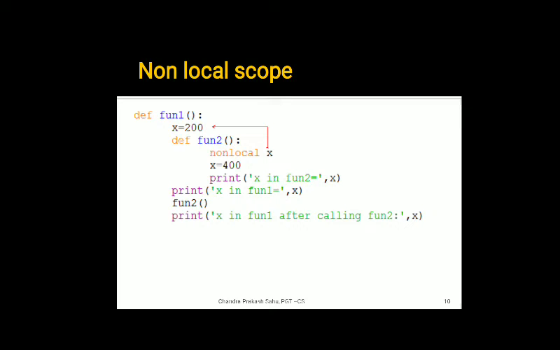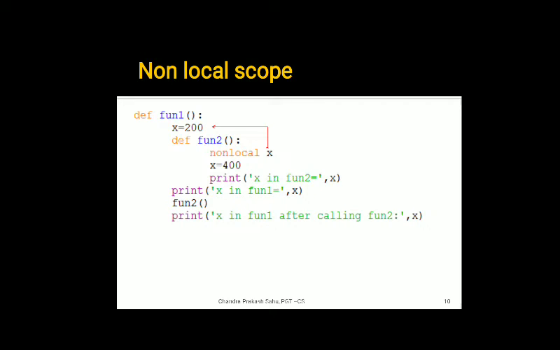And when you write x equals 400, when it is executed, the x's value is changed from 200 to 400 and you get the output here, print x in fun2. So when this program is executed, you will get the output for these three lines.